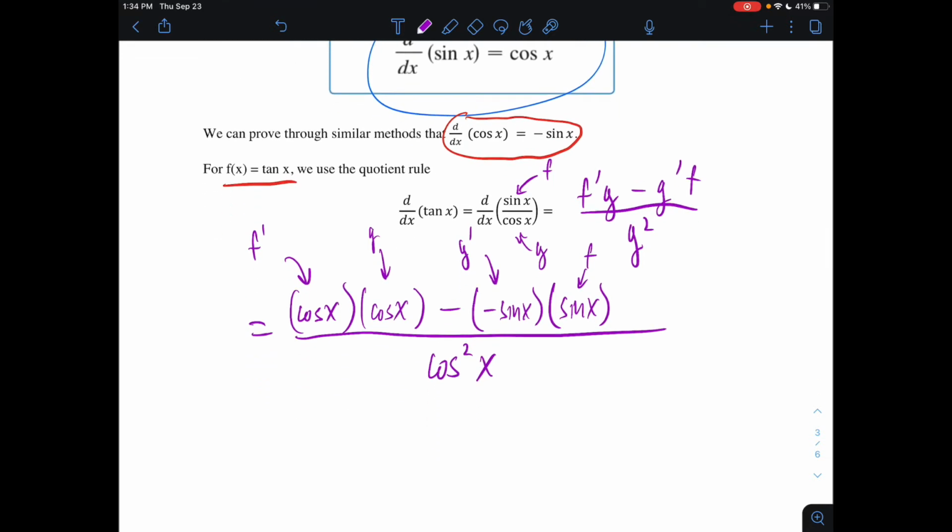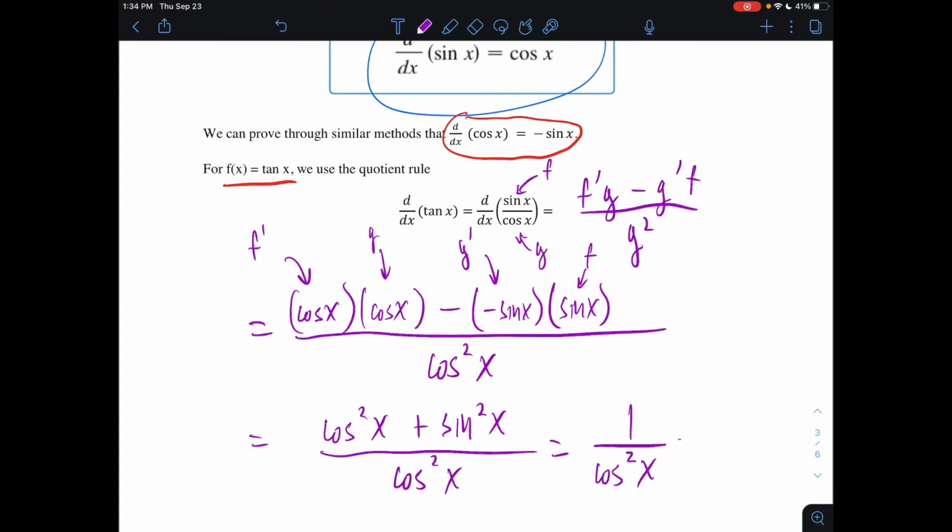So simplifying, cosine x times cosine x is cosine squared x. Then I have minus a negative sine x times sine x. That turns into plus sine squared x. Divide all of that by cosine squared x. The numerator is the Pythagorean identity, which gives us cosine squared x plus sine squared x is equal to 1.